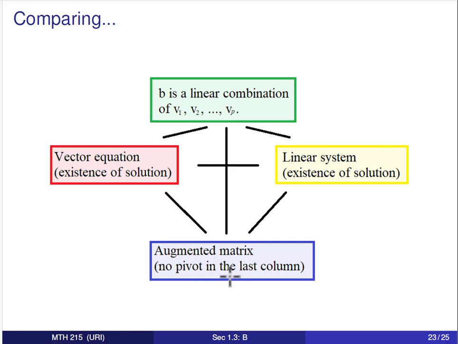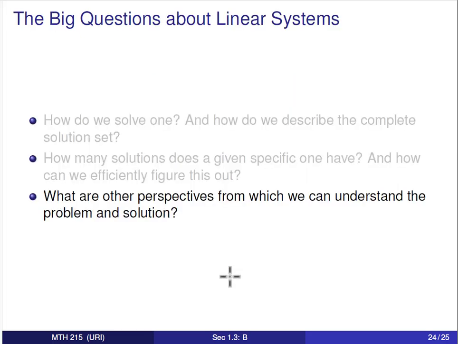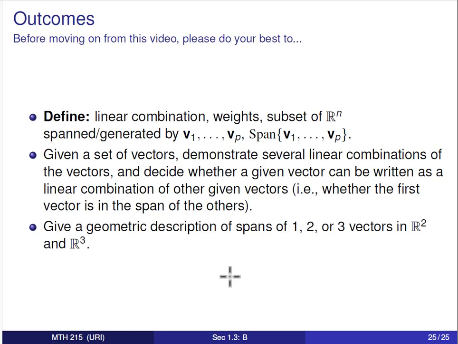Just one more plug, please spend some time going through the connections between these, and it will benefit you in the future. We're going to be talking in future videos about still other perspectives from which we can understand linear systems and vector equations and all of the above.